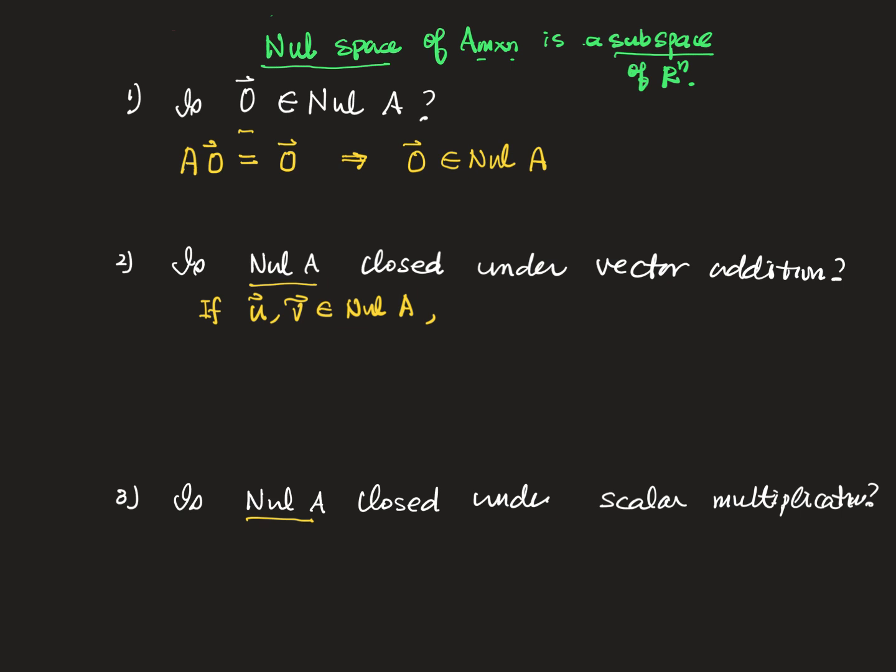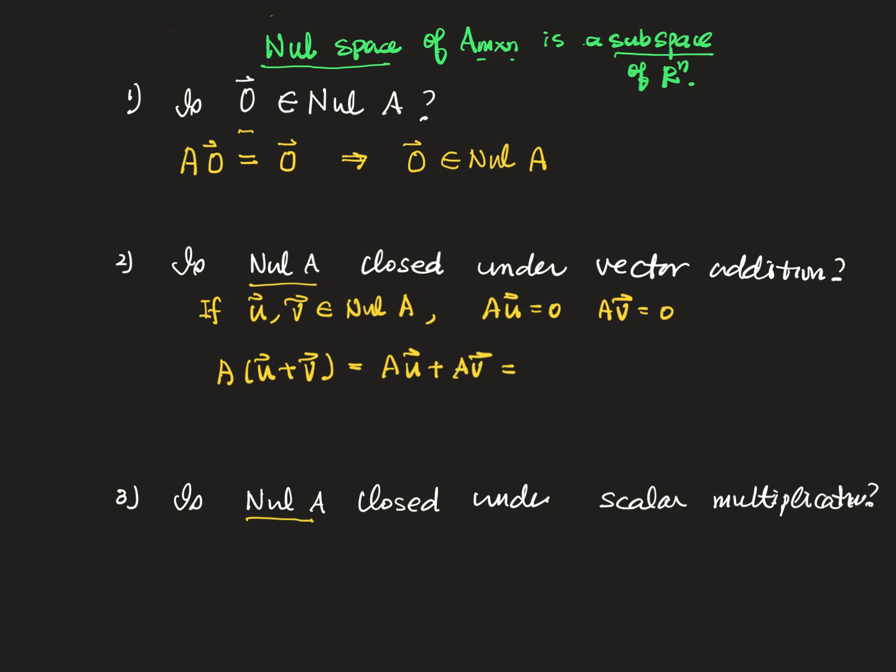U vector and V vector in the null space means AU is 0 and AV is 0, does that make sense? Because U and V are in the null space. So we have to prove that A times (U plus V) still gives 0. So A(U plus V) is AU plus AV.